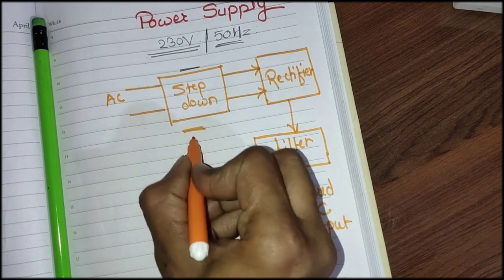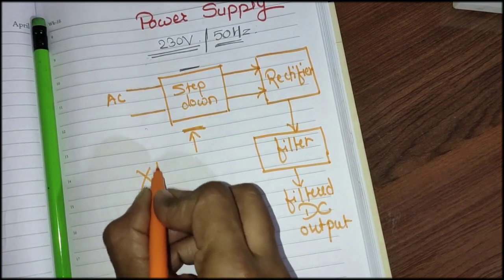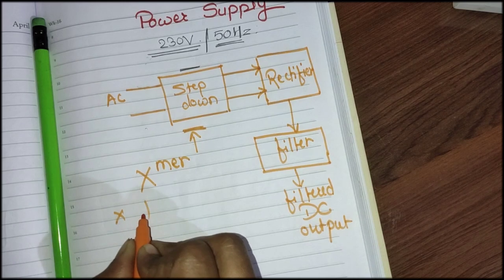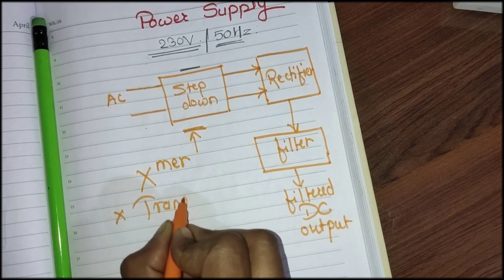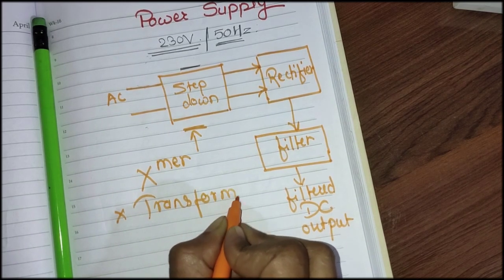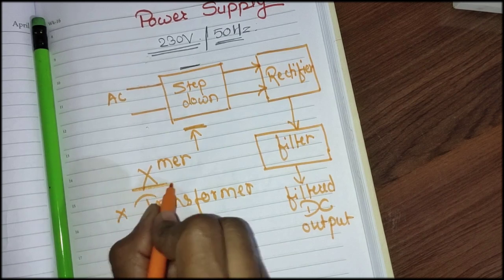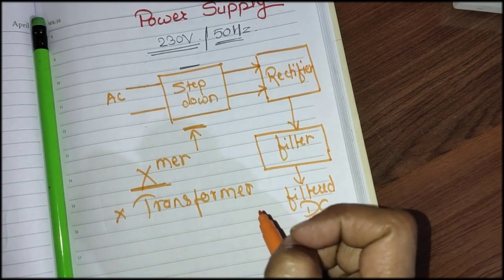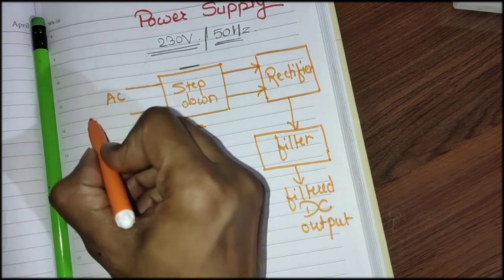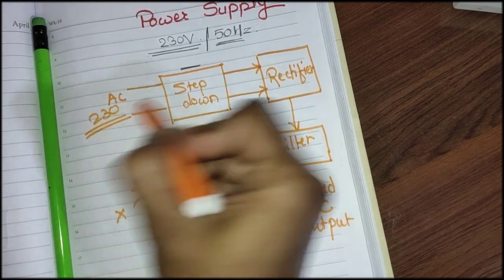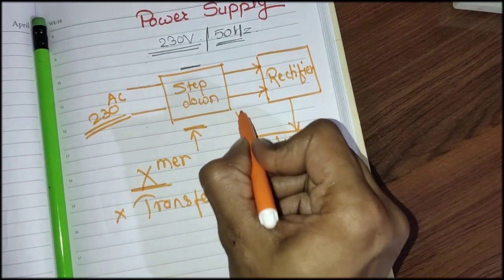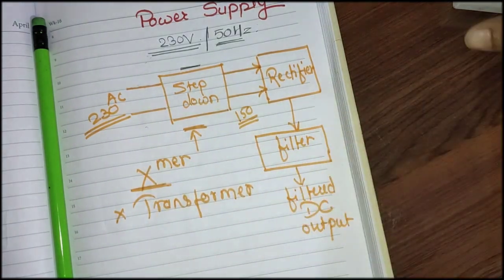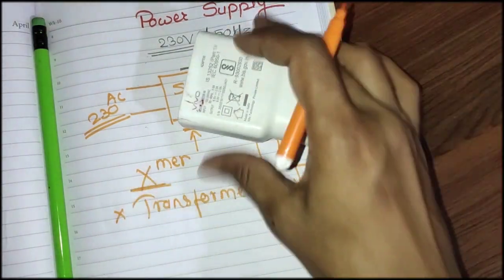Now here the point is we can use a transformer or we cannot use a transformer. Okay, so what's the difference in that? While using the transformer, the transformer is big in size, of course, which converts 230 volt and steps it down to 15 or less, then it is quite big in size, which cannot fit inside this.